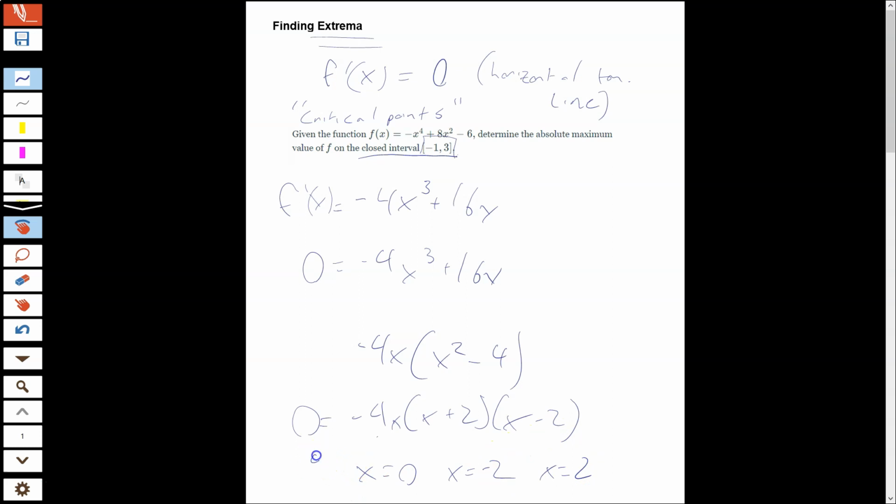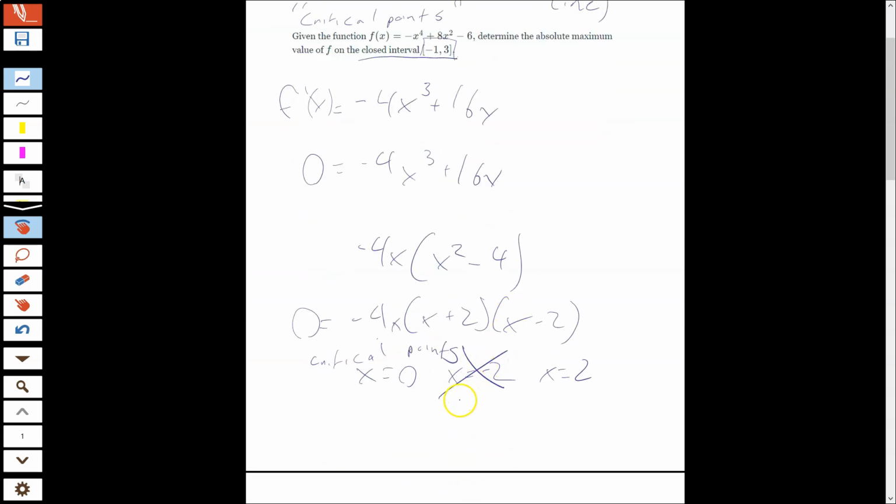So these are my critical points. And notice these all, except for my middle one, fall in my interval here. Okay, so I'm going to exclude x equals -2 because it's not in this interval. So if I'm looking for the maximum in this specific area, or the minimum for that matter, this point does not matter to me because it's not where I'm looking.